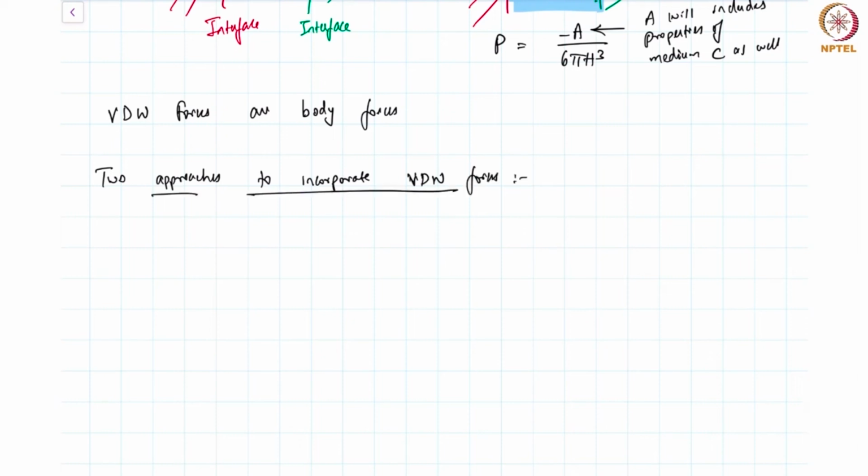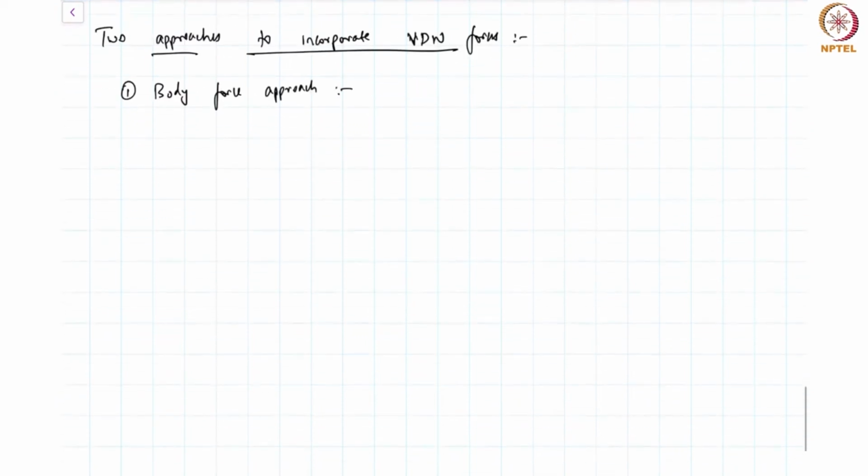So one is the body force approach. By body force approach, what we mean is we have the Navier-Stokes equations.